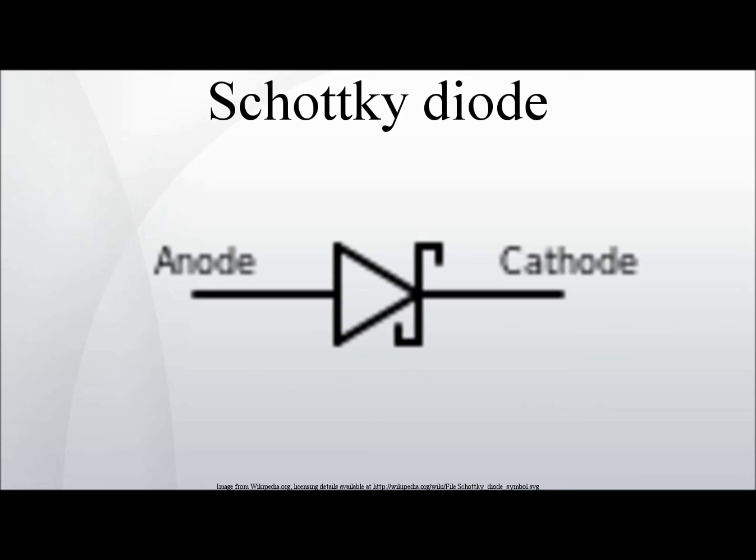Construction. A metal-semiconductor junction is formed between a metal and a semiconductor, creating a Schottky barrier instead of a semiconductor-semiconductor junction as in conventional diodes. Typical metals used are molybdenum, platinum, chromium or tungsten, and certain silicides, for example palladium silicide and platinum silicide. And the semiconductor would typically be N-type silicon. The metal side acts as the anode and the N-type semiconductor acts as the cathode of the diode.